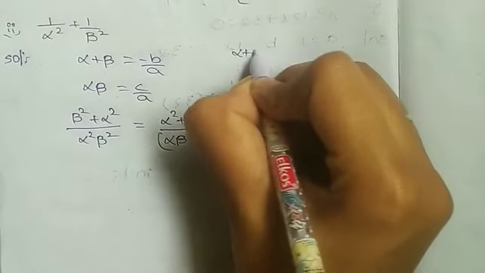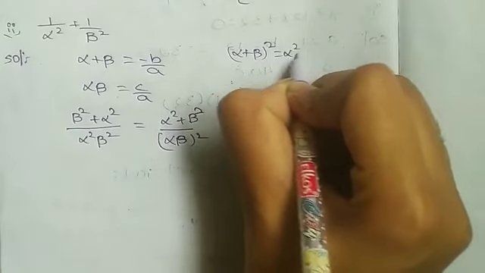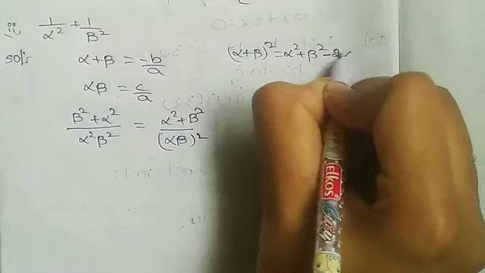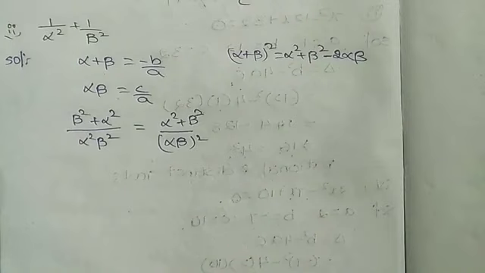We know the formula alpha plus beta whole square is alpha square plus beta square plus 2 alpha beta. Now here we can write alpha plus beta whole square minus 2 alpha beta, so that we again get alpha square plus beta square. See, if we expand this, we will get alpha square plus beta square plus 2 alpha beta, and again subtracting 2 alpha beta, divided by alpha beta whole square.